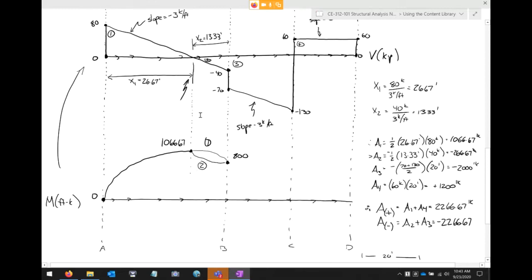Okay, we got 1 vote for 1. Got another vote for 1. I want y'all to be confident in your answers. You're in the 1 camp.